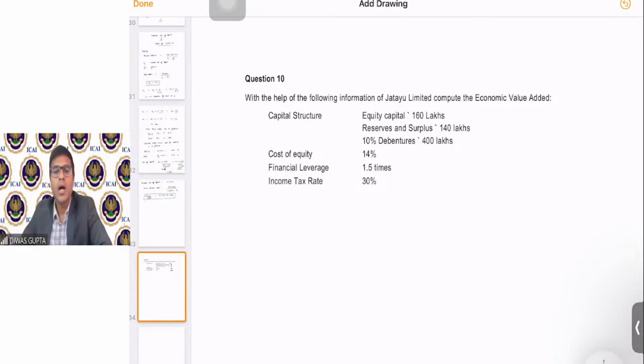10% debentures are at 400 lakhs. Cost of equity is 14%. Financial leverage is 1.5 times. Income tax rate is 30%. Yes, Shruti and Rahim, it's equity. Now, tell me, students, one thing. What do you mean by financial leverage?